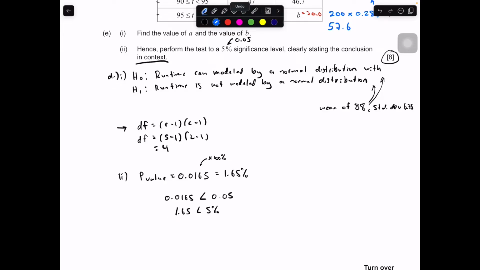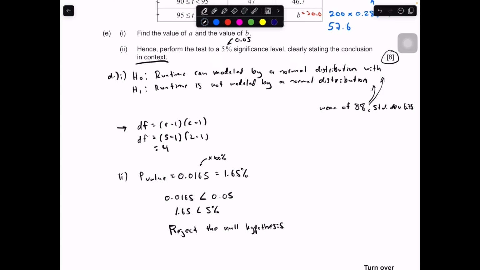So in this case, we just reject the null hypothesis, or H naught.